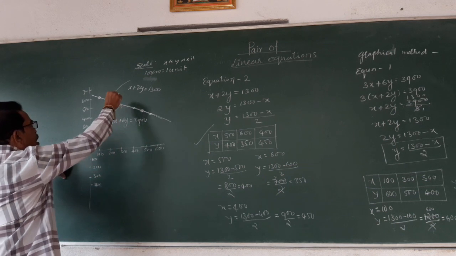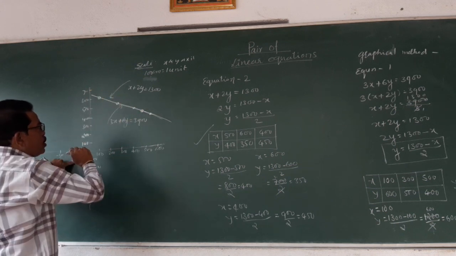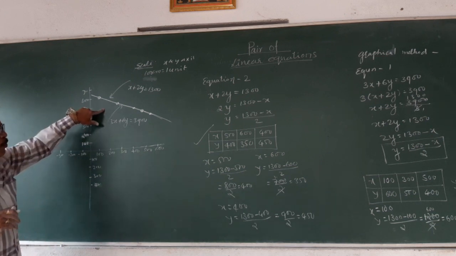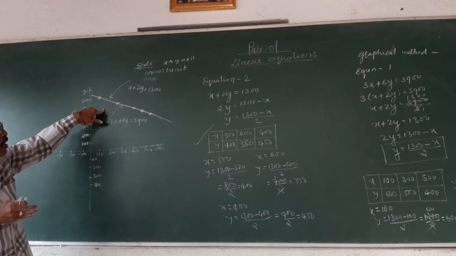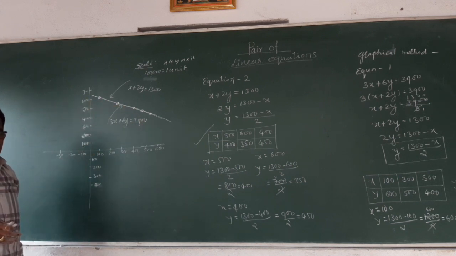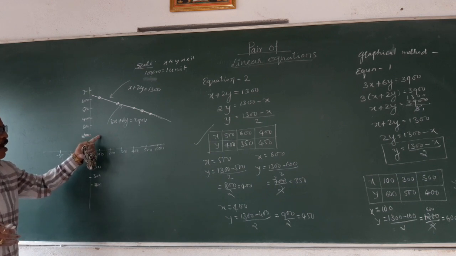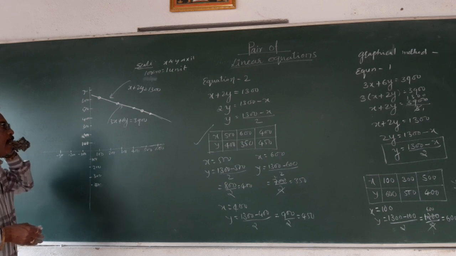So this type of equations gives coincident graphs. A single line we got because the values also coincided in this graphical notation. So you take one graph and represent the values properly, and you will get a single straight line.